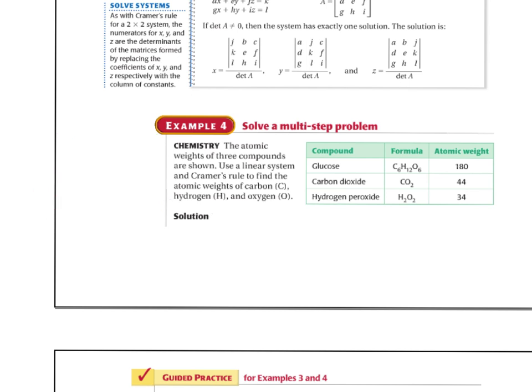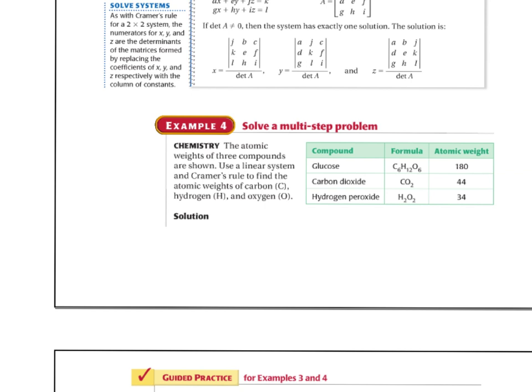So now, looking back up here, I'm going to set up my determinant for X. My X value will come from the denominator being the determinant of negative 36. And I'm going to leave myself room up top to write all those numbers.